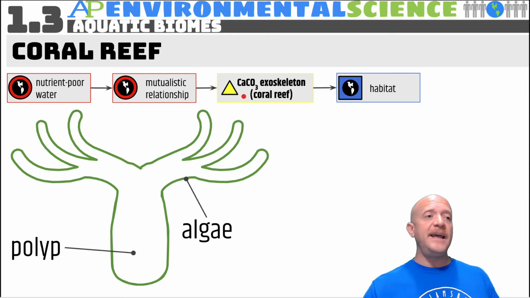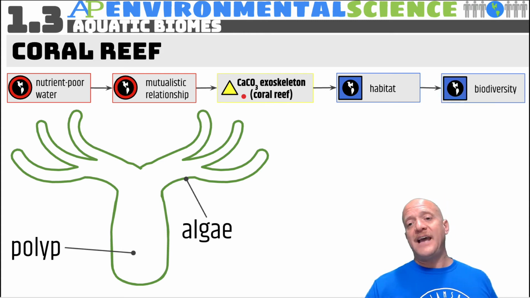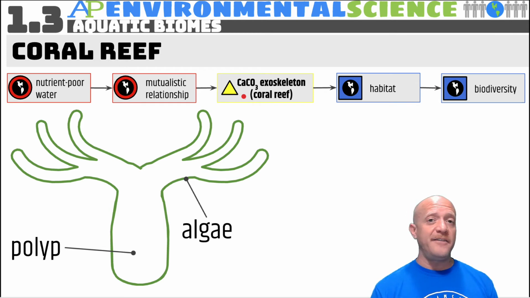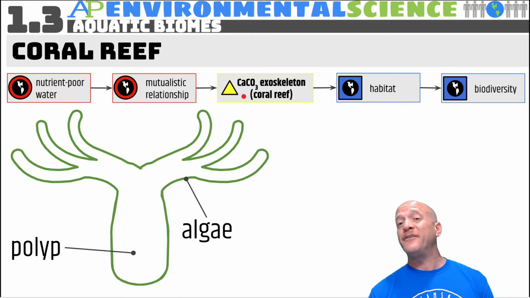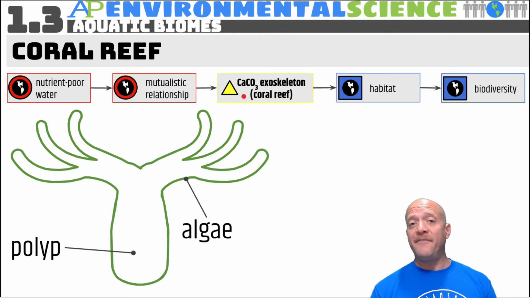And this forms an immensely diverse habitat that is the most diverse aquatic habitat on the planet. In fact, between the coral reef and the tropical rainforest, they are the two most biodiverse biomes on this planet. And there are a lot of problems with coral reefs due to coral bleaching, and we will be discussing coral bleaching in the future.